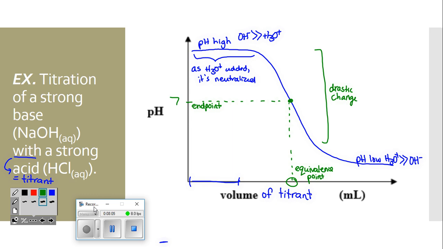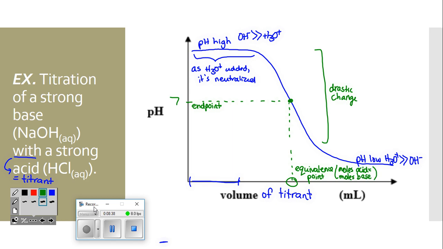Now notice they're both referring to the same spot on the pH curve, but one of them is addressing the y-axis, the pH, the other one, the x-axis, the volume. So the middle of the drastic change on a pH curve will tell you the endpoint pH and the equivalence point. The equivalence point, this is when moles of acid are equal to moles of base.